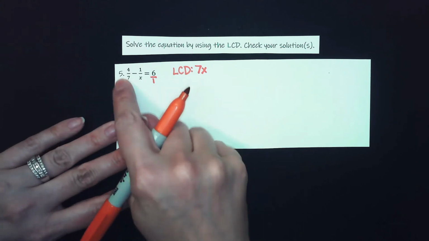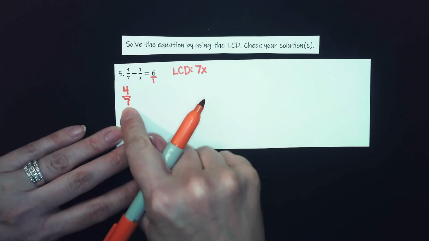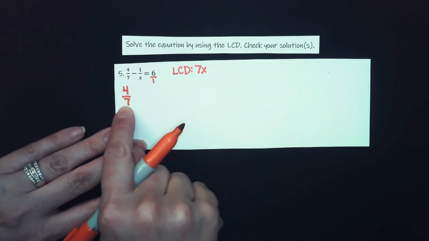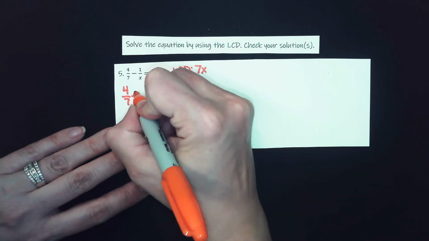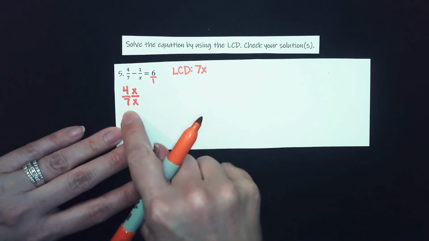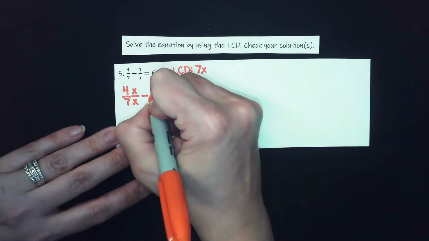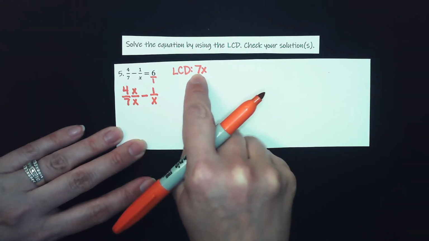So when I start this, if I'm just going to write my first fraction, 4 over 7, but my denominator is 7 here, but I need it to be 7x. So I need to multiply this denominator by an x. If I do that on the bottom, I have to do it on the top. Okay, then my equation had a minus, and it's 1 over x. And again, this needs to be 7x, so it's just missing the 7.